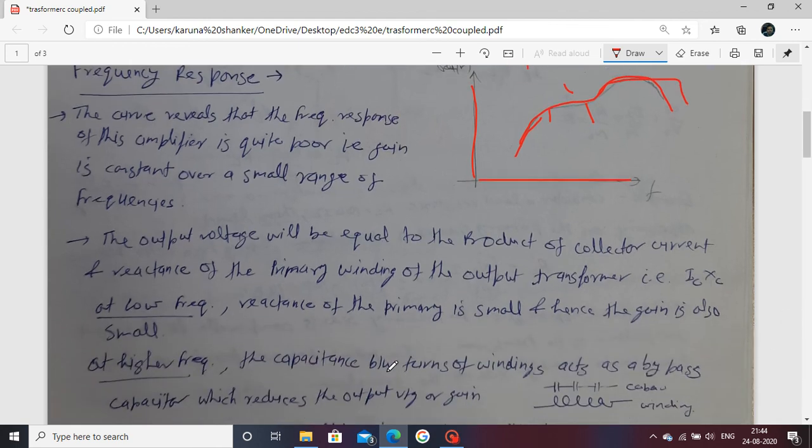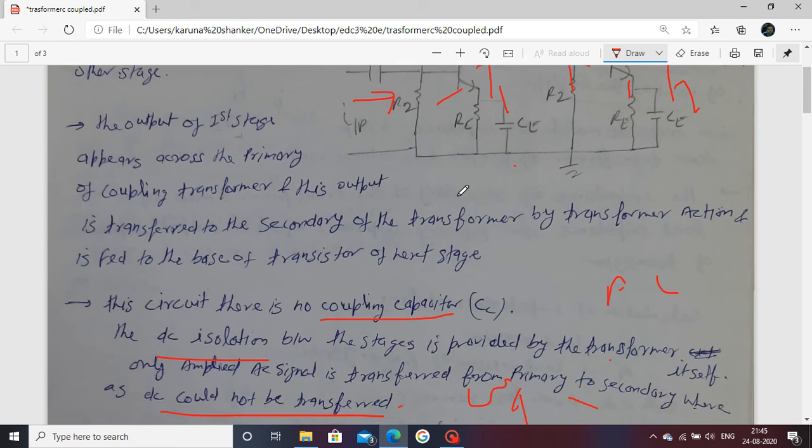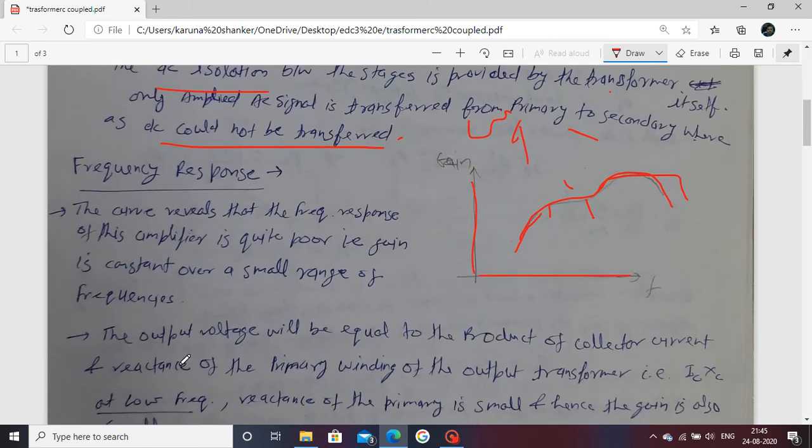What is the reason behind why the gain decreases at low frequency? Also, the output voltage is equal to the product of the collector current and the reactance. So what is the output voltage? It is whatever comes across the collectors of the T1 transistor and T2 transistor. This comes from the flow of the collector current IC times the reactance, and this product is the output voltage.